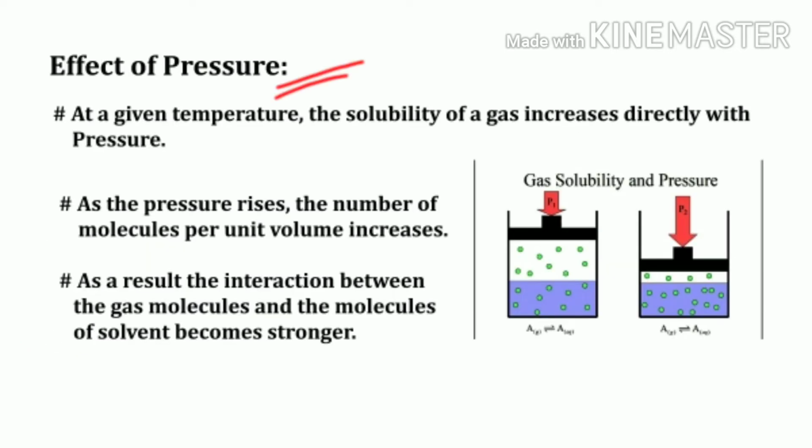Now let us discuss the effect of pressure on the solubility of a gas in a liquid in detail. To understand this, let us consider that a gas is taken with a liquid in a container fitted with a movable piston, as shown in the figure. If we increase pressure on the system by pressing the piston, the volume decreases.